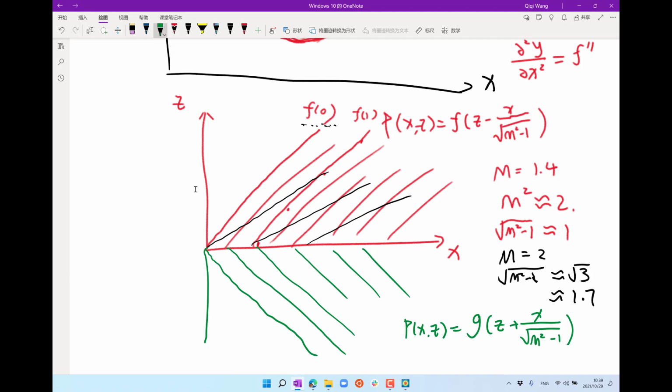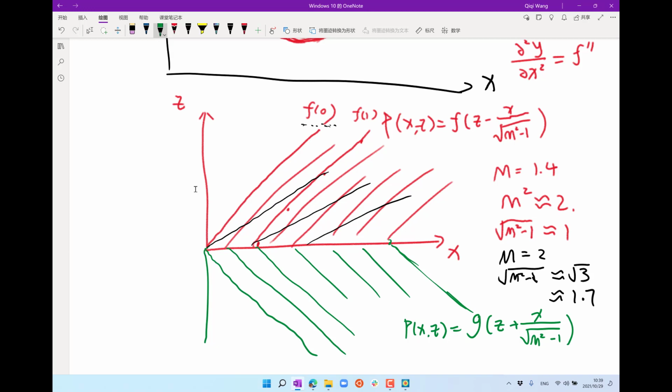Okay, and actually at some point, let's say this is the end of the airfoil, this would be the last wave emanating, and afterwards there won't be anything that would trigger the solution to become different, right?